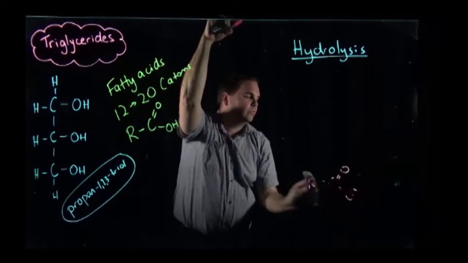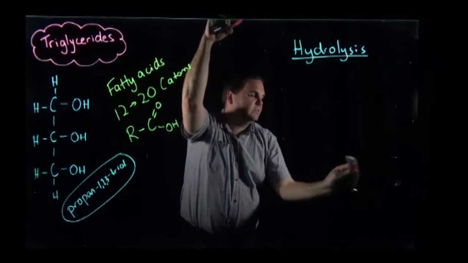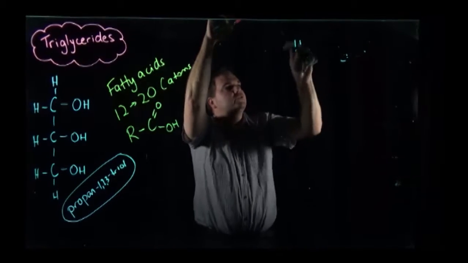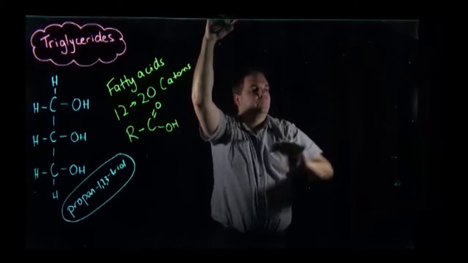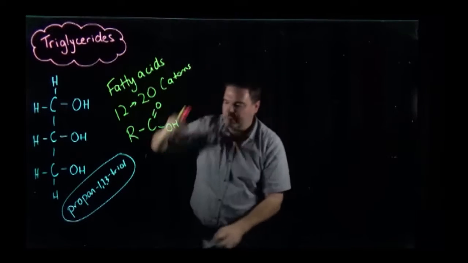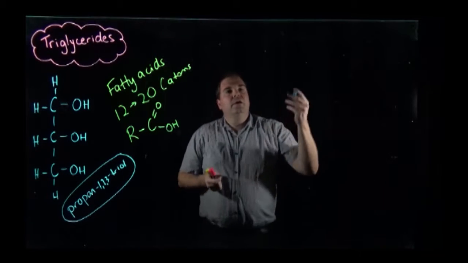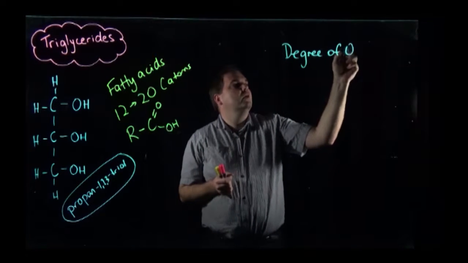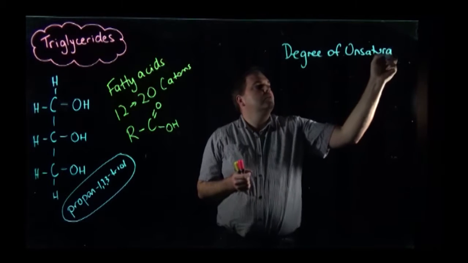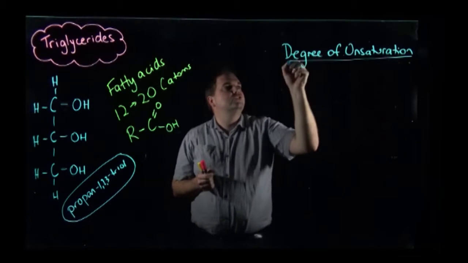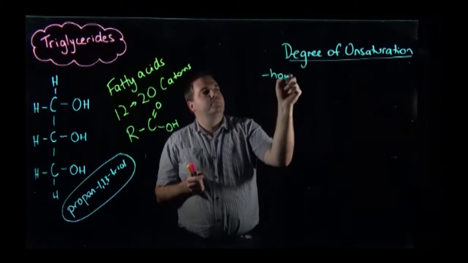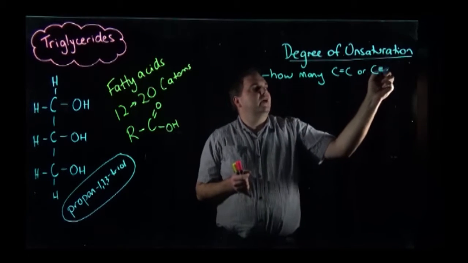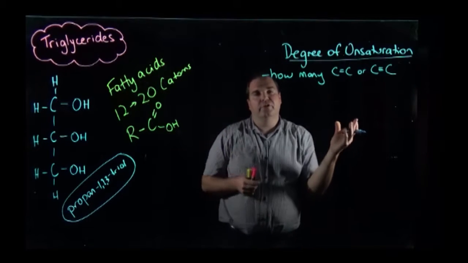When I talked about alkanes and alkenes, I talked a little bit about degree of unsaturation and how you test for it, but I'll go through it again very briefly here. With degree of unsaturation, what we're trying to determine is basically how many carbon to carbon double or triple bonds we have.